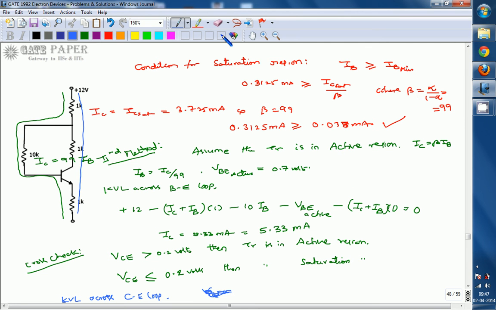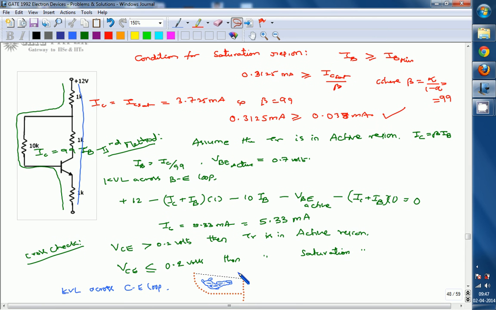Wait, I will write the KVL clearly. From that one we can easily analyze. So KVL across this loop: 12 minus 1 kilo ohm times of IC, minus 1 kilo ohm times of (IC plus IB), minus VCE, minus (IC plus IB) is equal to 0.